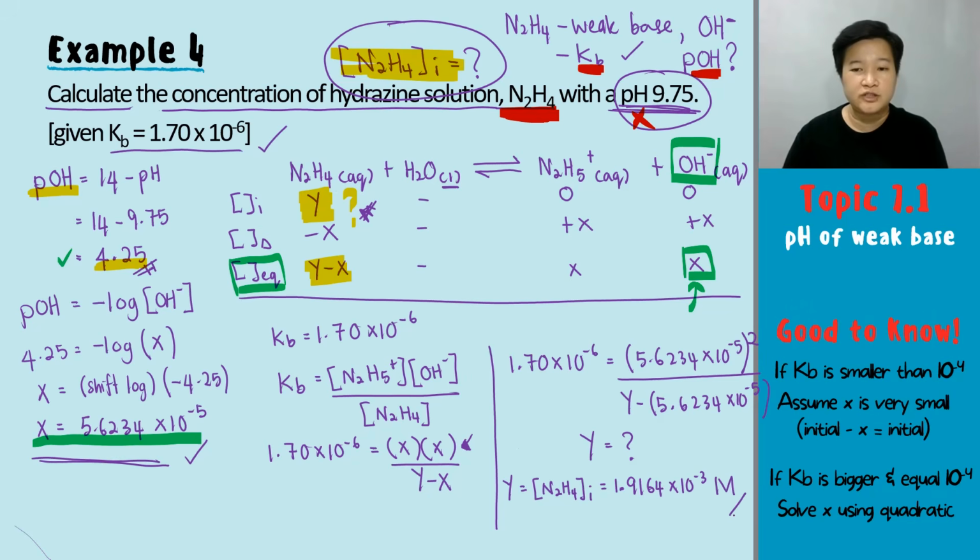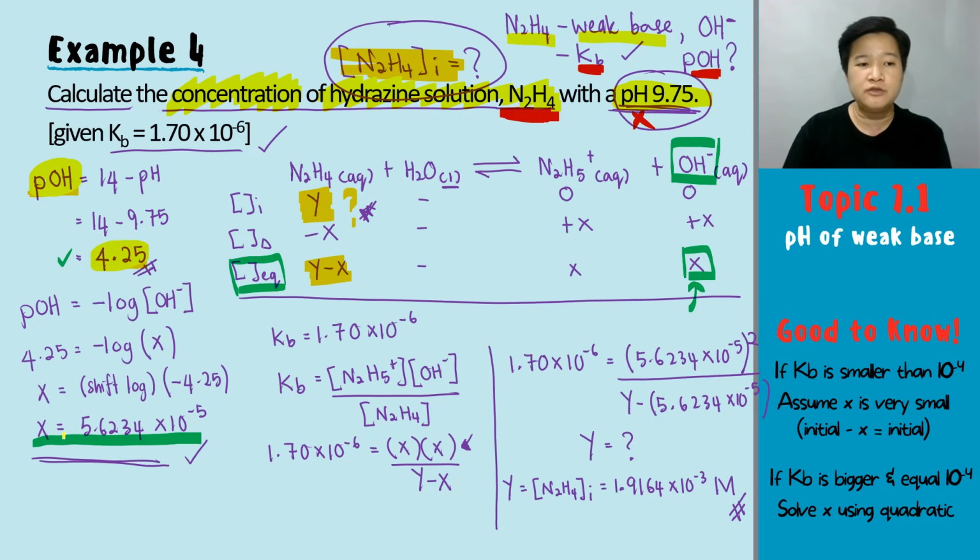It's a concentration. So, it's a molar or mole per liter. Okay? So, this is a slightly different question where the question is asking for the concentration of the hydrazine solution. Okay? And the trick of the question is, your hydrazine is a base, but the question is giving you pH. So, the first thing that you do is you need to find the pOH.